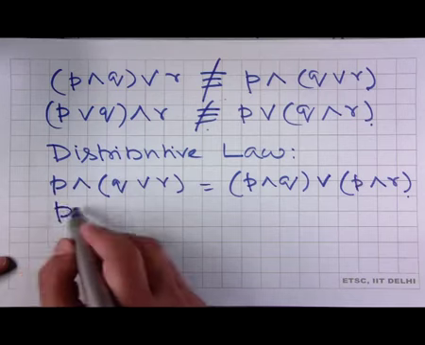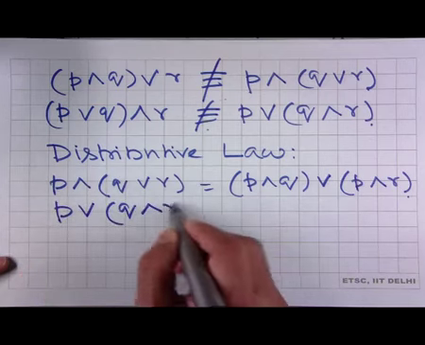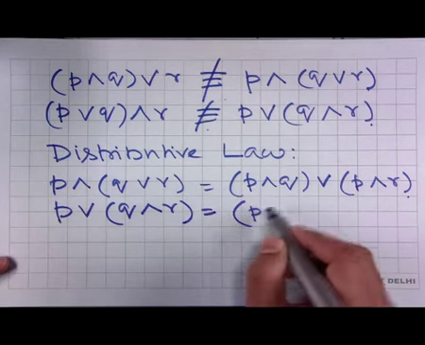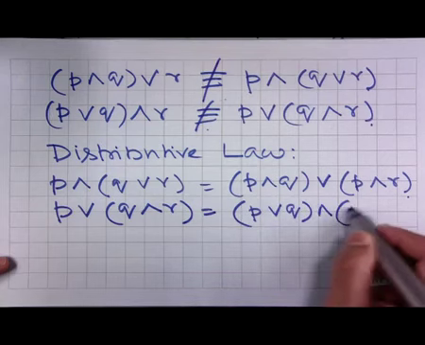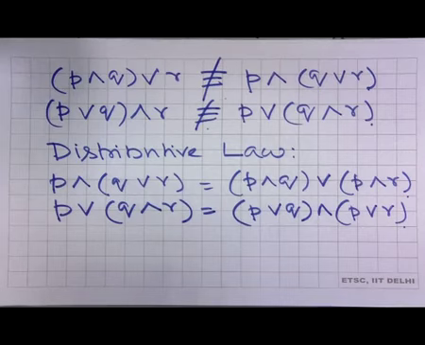Similarly, P or (Q and R) is equal to (P or Q) and (P or R). Okay? We will prove it using truth table. So, these are the distributive law.